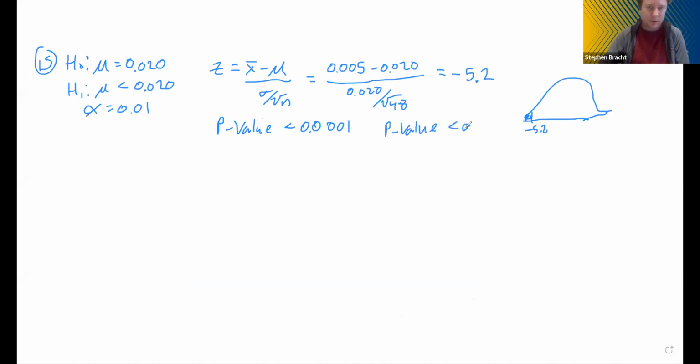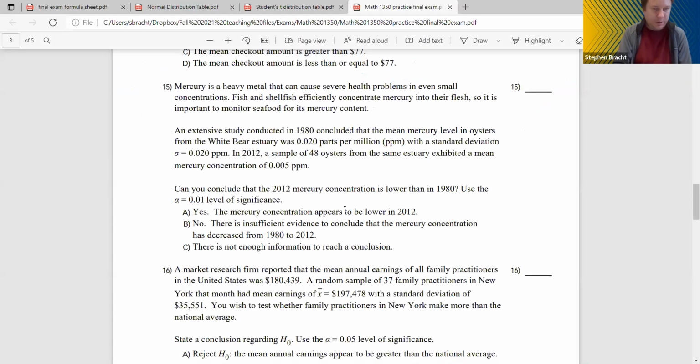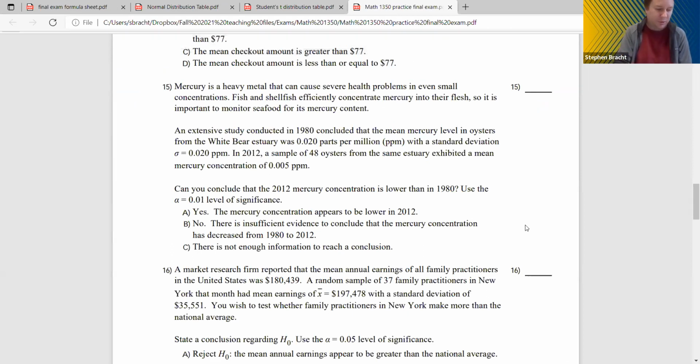So that means I will reject the null hypothesis. And that tells me, if I'm rejecting, that I would answer A, right? Yes, the mercury concentration appears to be lower in 2012. The alternate hypothesis appears to be true.